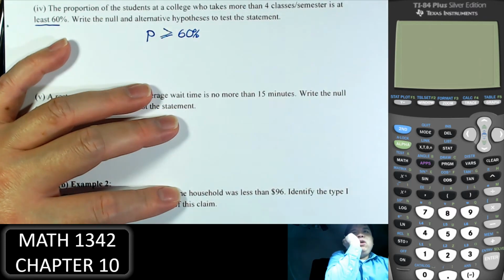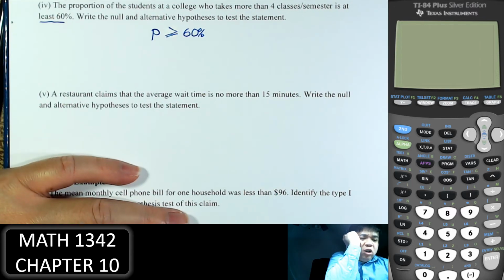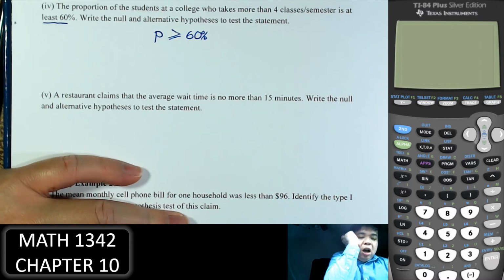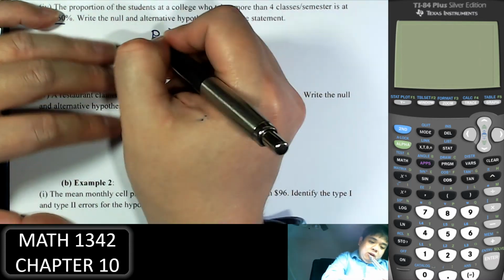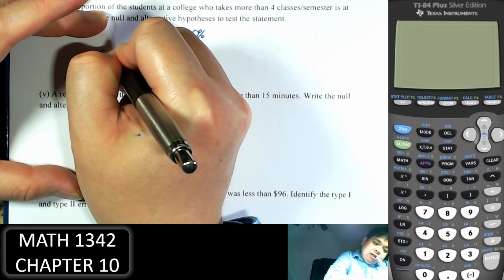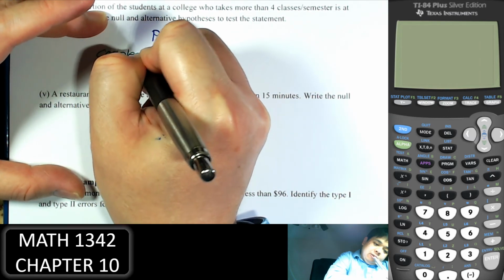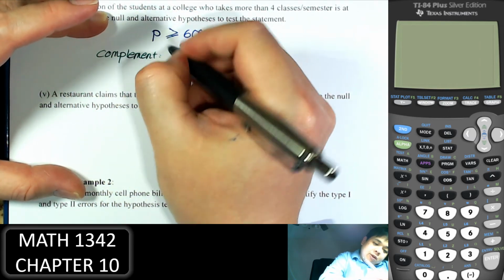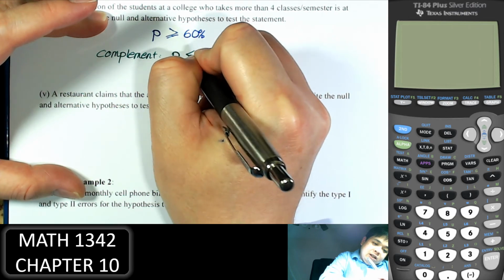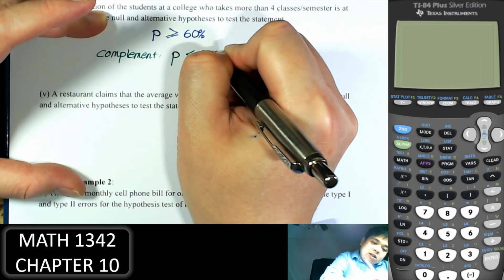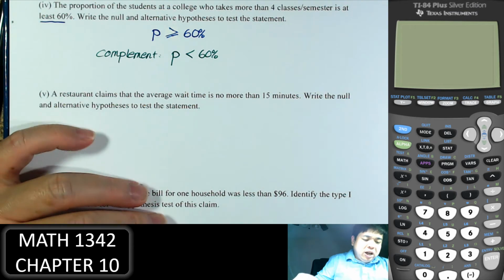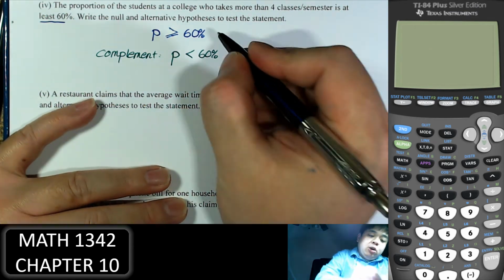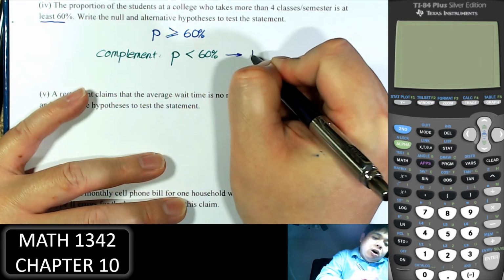Is that an H1 or an H0? Before we do anything, the complement to this statement is less than, right? Now, when we look at this, whichever doesn't have the equal sign will be H1.